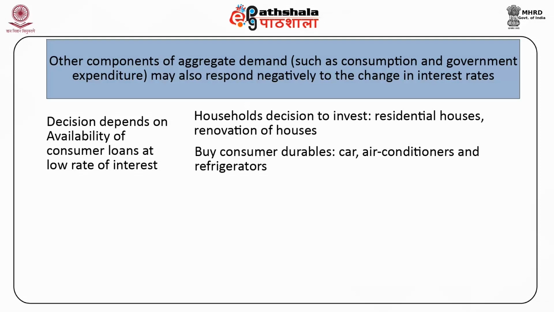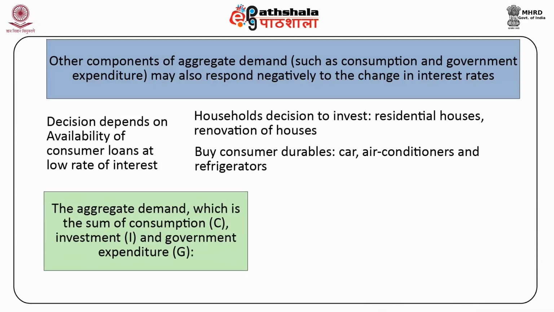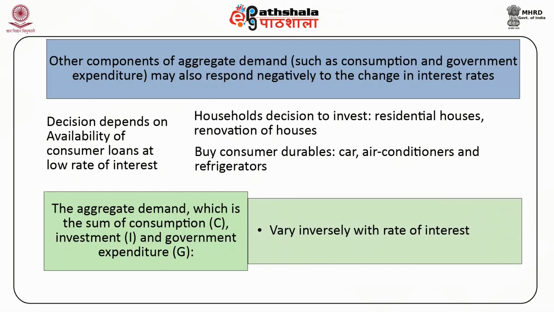In the earlier models, we have considered government spending to be exogenous, but it could happen that the government may incur additional expenditure if its borrowing costs go down due to lower interest rates in the economy. Thus, the aggregate demand, which is the sum of consumption C, investment I, and government expenditure G, is expected to vary inversely with the rate of interest.